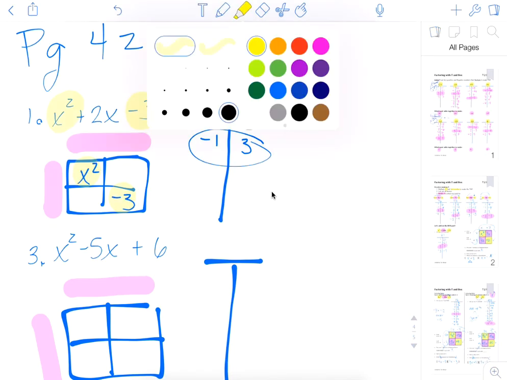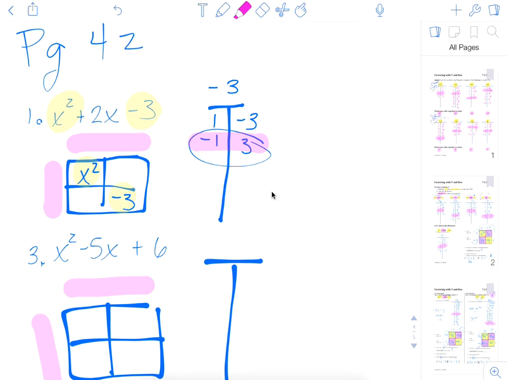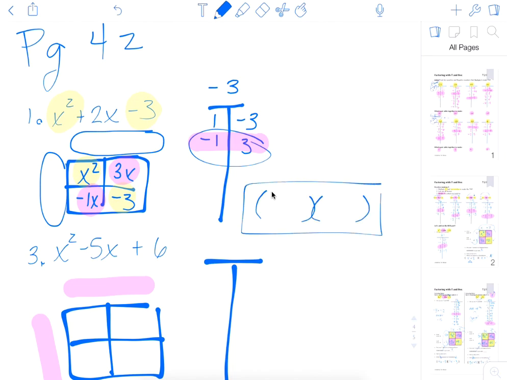Take whatever numbers you got off of your T-chart and put them in the second boxes with the X's. Your job is to try and figure out what goes here and here so that you can write out a final answer with double parentheses, okay? If you have any questions over what you're doing, ask your table partner or ask somebody that sits near you. But this right here is what your answers should look like, okay?